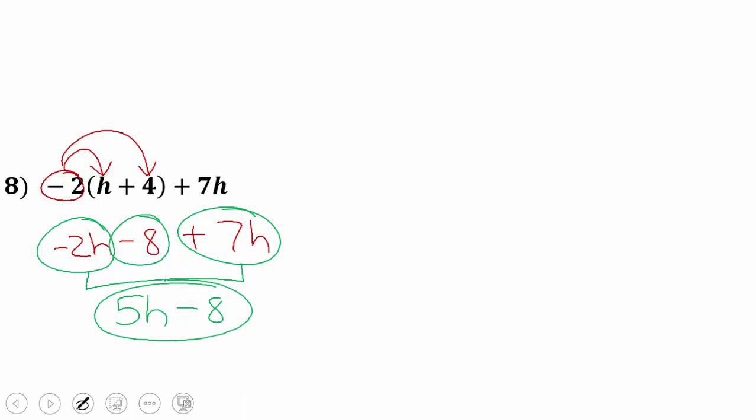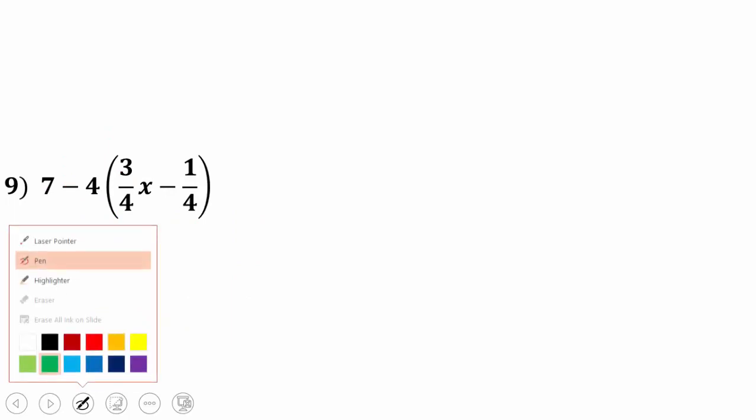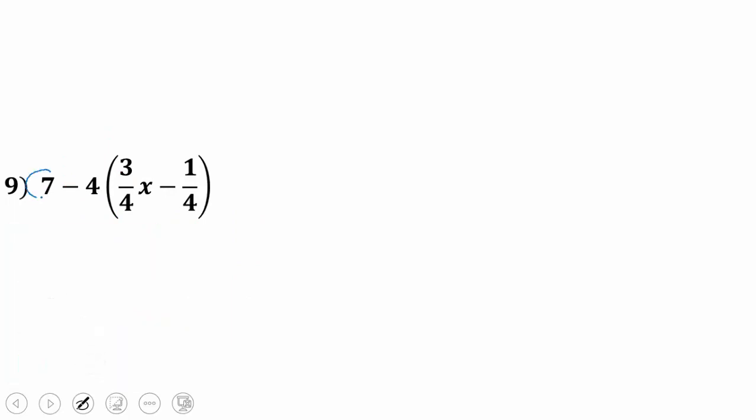Pretty straightforward. Our last example looks a little bit more challenging, although it's not. Again, we're going to talk about this 7 is positive, this 4 is negative, even though it says 7 minus 4. So again, when I distribute that 4, I'm going to keep it negative and use the integer rules with the negative. So now I have 7, and then when I take this negative 4 and multiply it by 3/4, I get negative 3x.